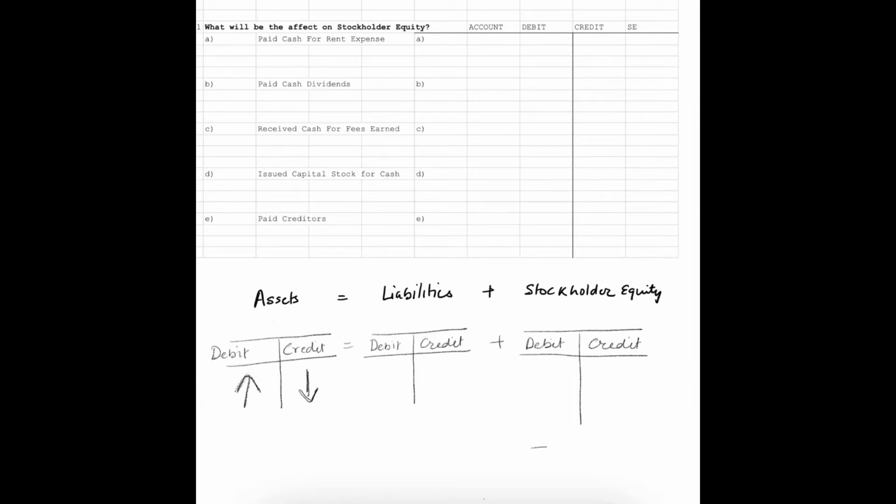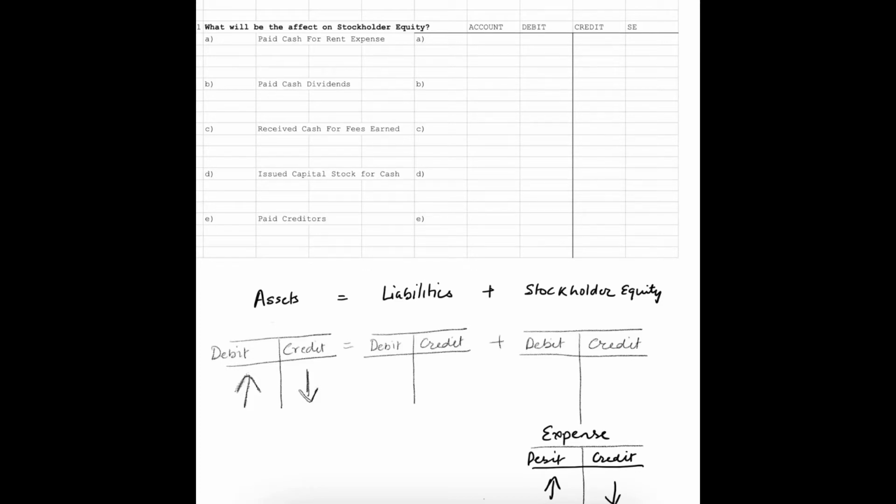What about rent expense? Rent expense entries increase on the debit side. So the expenses increase on the debit side and decrease on the credit side.